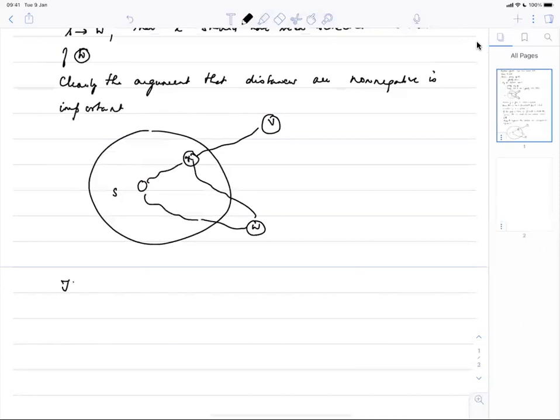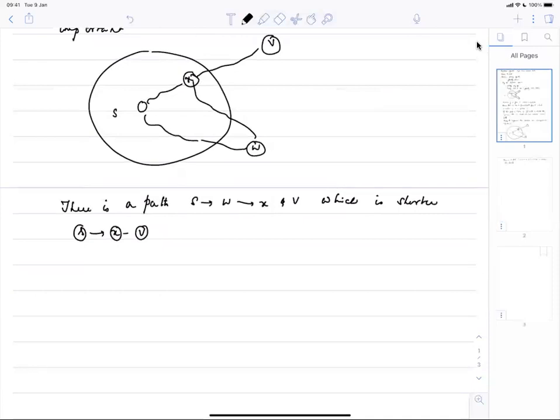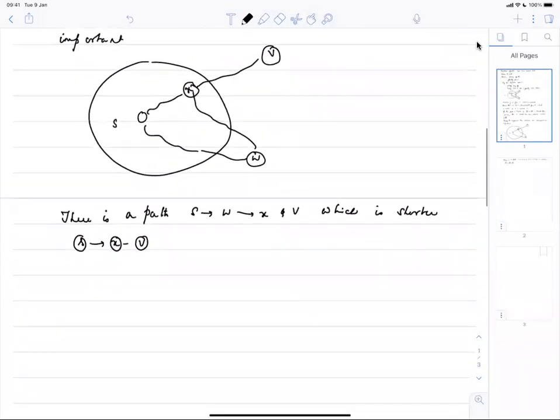What we are saying is there is a path from S to W to X and V which is shorter than S to X to V. Clearly again, X is already in S and was seen earlier.